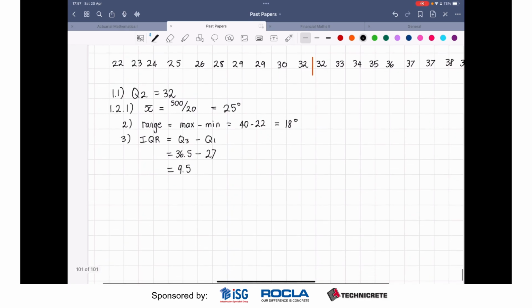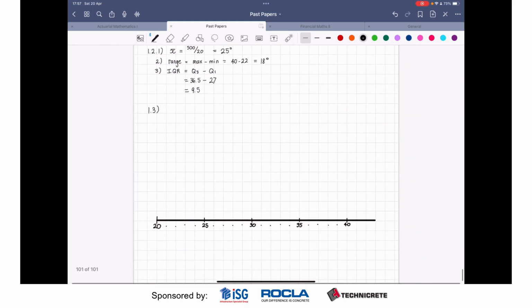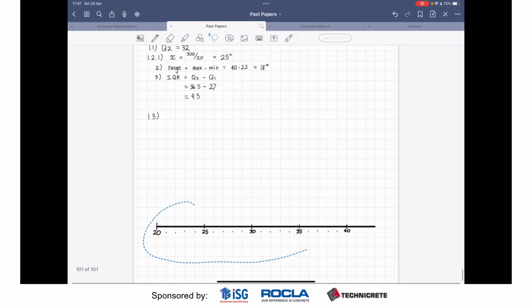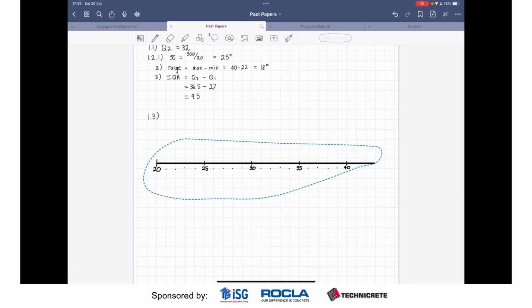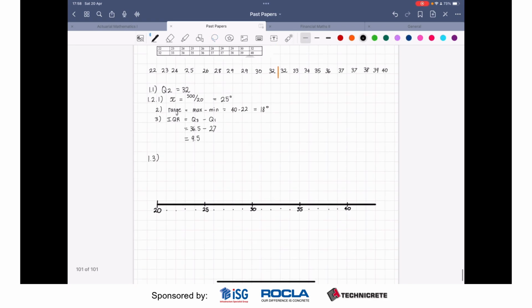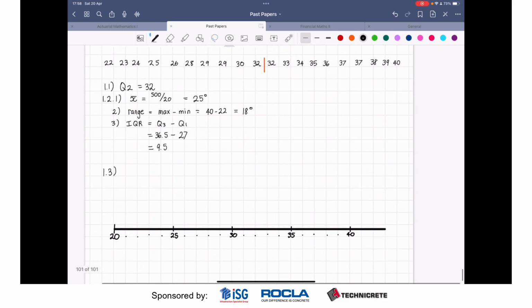Right, then 1.3 asks me to draw a box and whisker diagram to represent the data. Okay, so I know that my minimum was 22, which is here. My maximum was 40. My median was 32.